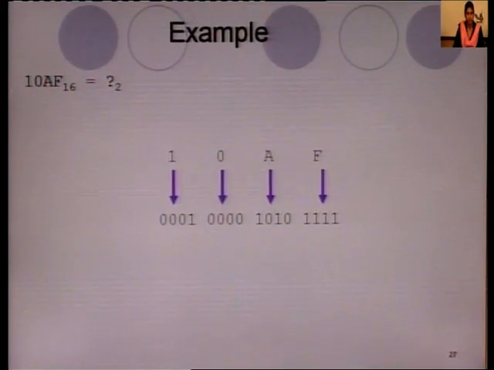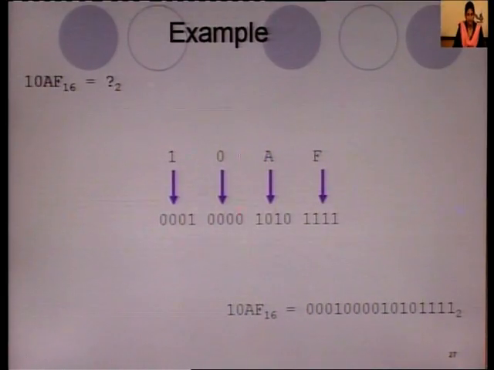First we will take binary values of each digit. For 1 it is 0001, for 0 it is 0000, for A the code is 1010, and for F the code is 1111. All these codes we have studied in the tables previously in the second or third slide.